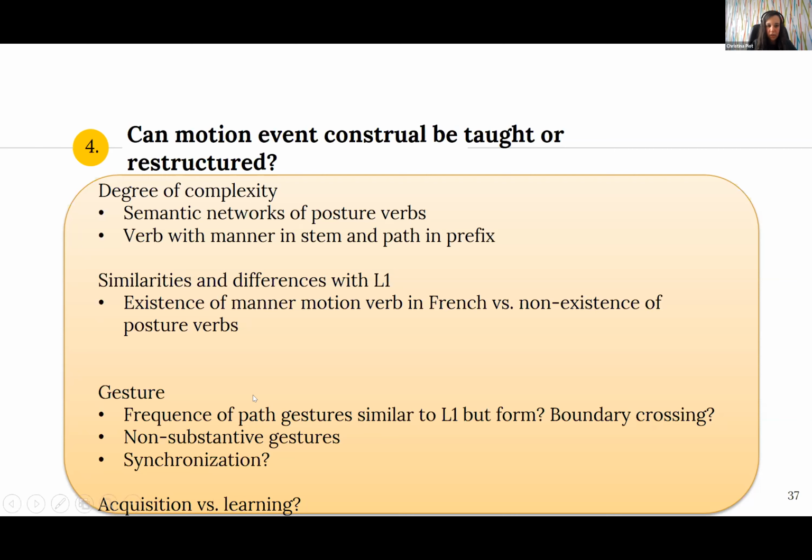And as far as gestures are concerned, we see that the path is expressed as often in French as in Dutch L2 in the gestures, but maybe the form could show some differences, or the fact of boundary crossing as well. The amount of non-substantive gestures shows that it's different to use gestures in a second language. And maybe synchronization could teach us more things about the restructuration of motion events.